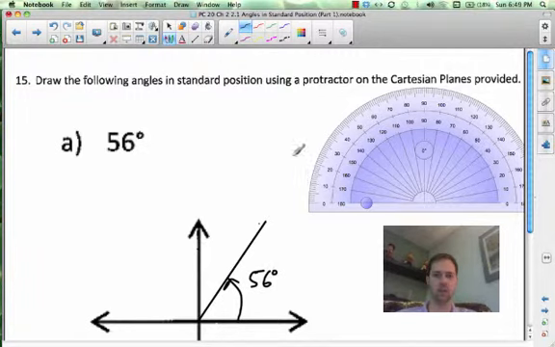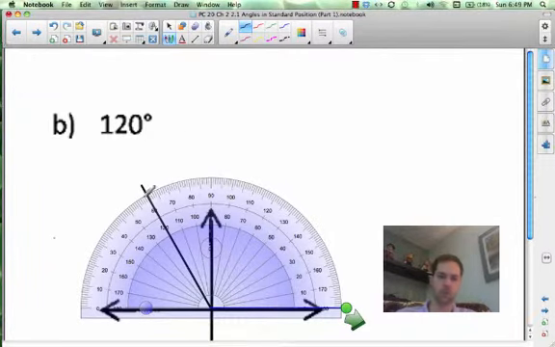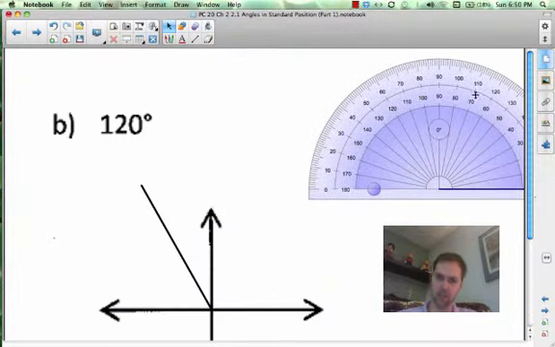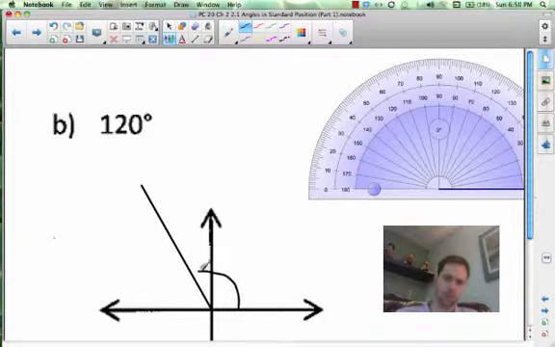This arrow is not necessary. The arrowhead, just a little curve there, is good enough. So that's quadrant 1. And now this one, 120 degrees. And again, we'd label our angle from here. We go counterclockwise, 120 degrees. And this, of course, terminates in quadrant 2.